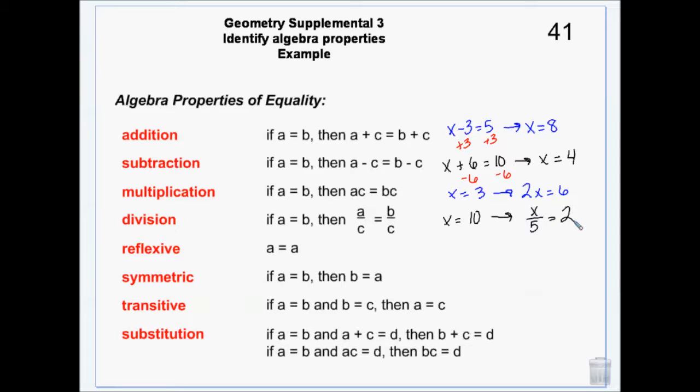Divide both things by 5. Okay, so these properties just tell us that we can add, subtract, multiply, or divide as long as we do it to both sides of the equation, then we haven't done anything illegal.